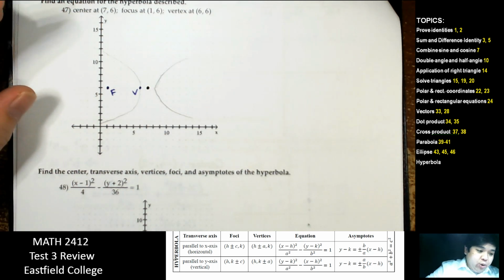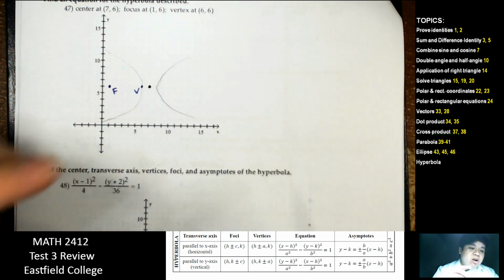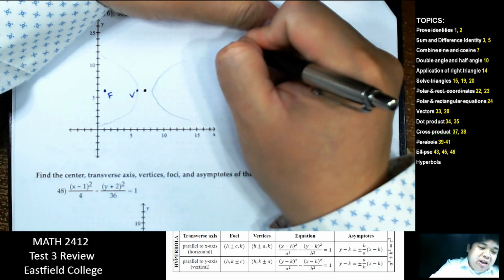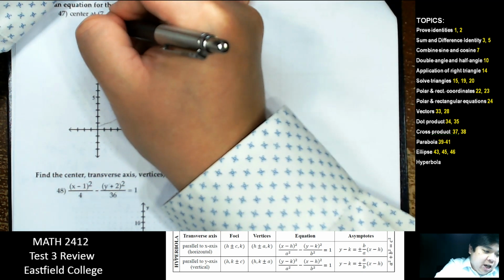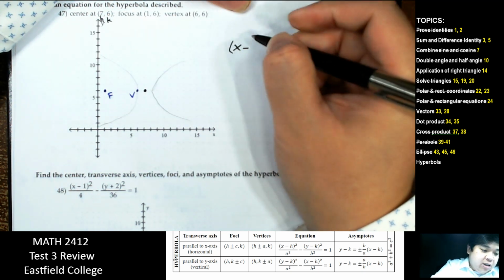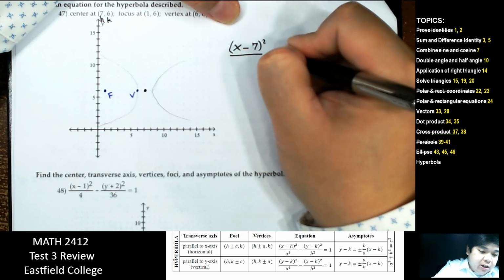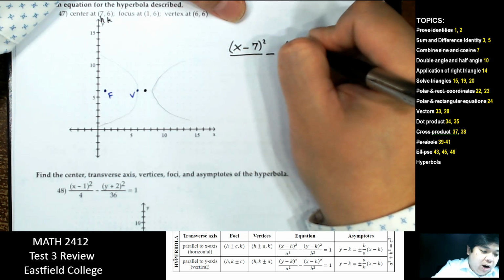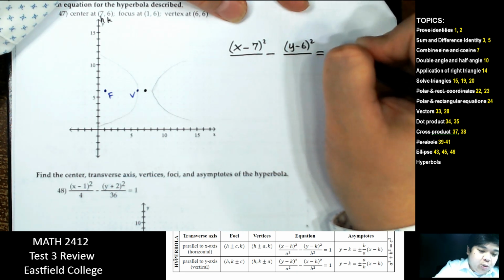What we do know here is the center. So from there, we know it opens horizontally. Horizontally meaning x has to go first. Again, h and k. So x minus 7 squared minus y minus 6 squared equals 1.